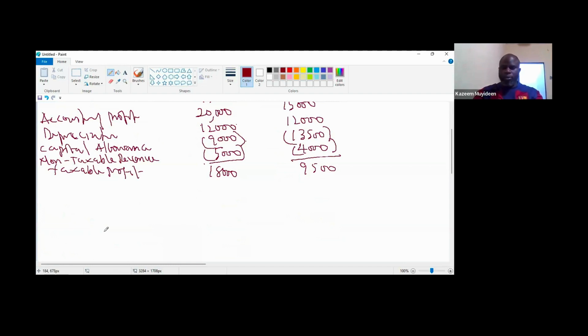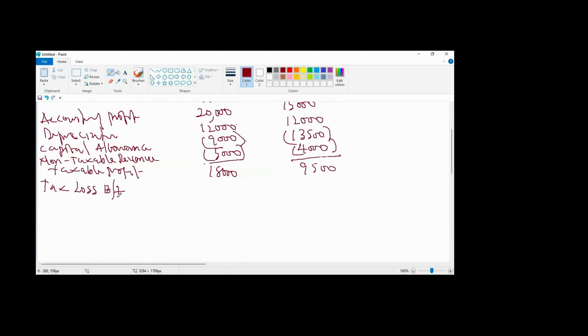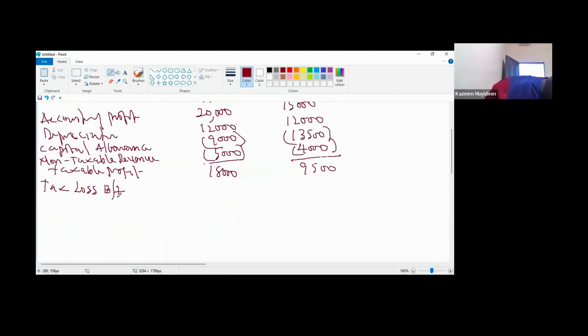And also, tax loss brought forward. What is the tax loss brought forward from 2011 to 2012? 2011, we have 12,500.